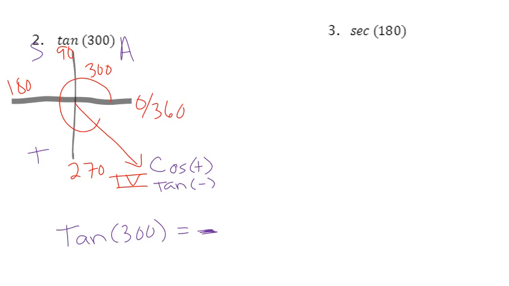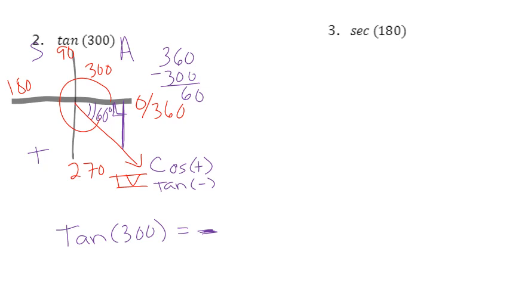Then I'm going to create a right triangle. This is 300 degrees. For my reference angle, if I find what that little angle is, I get 60 degrees. Now we're just taking our special right triangle and putting it in there.